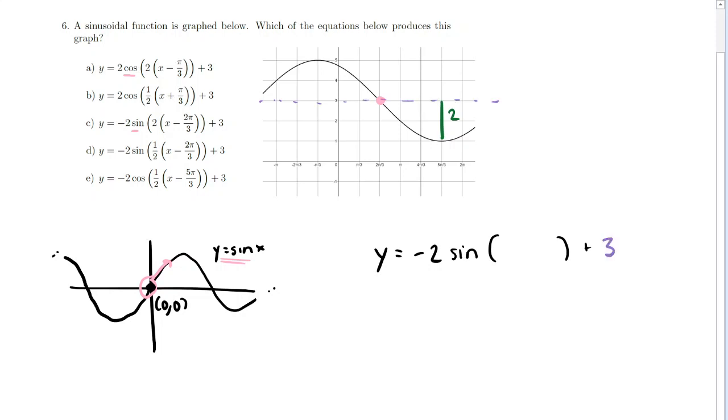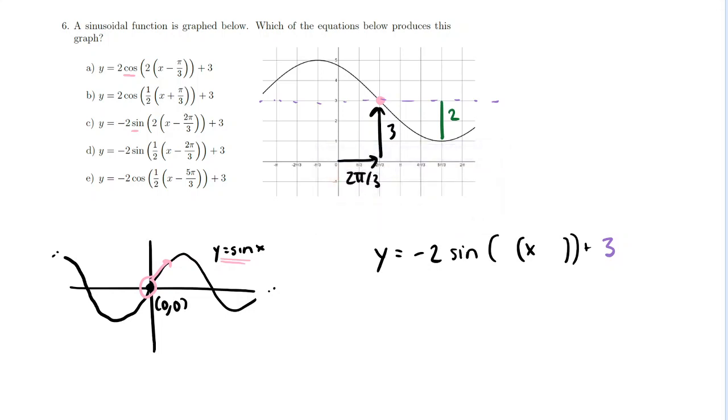We've shifted this sine function upwards 3 units. What else is going on? There was a shift right. By how much? We've shifted to the right 2 pi over 3 units, and also up 3 units. We've already accounted for the shift upwards. What about the shift right?